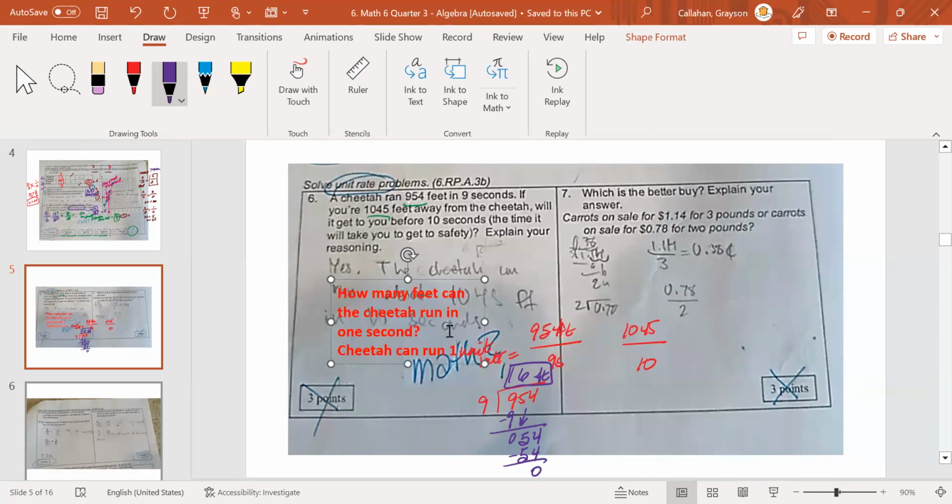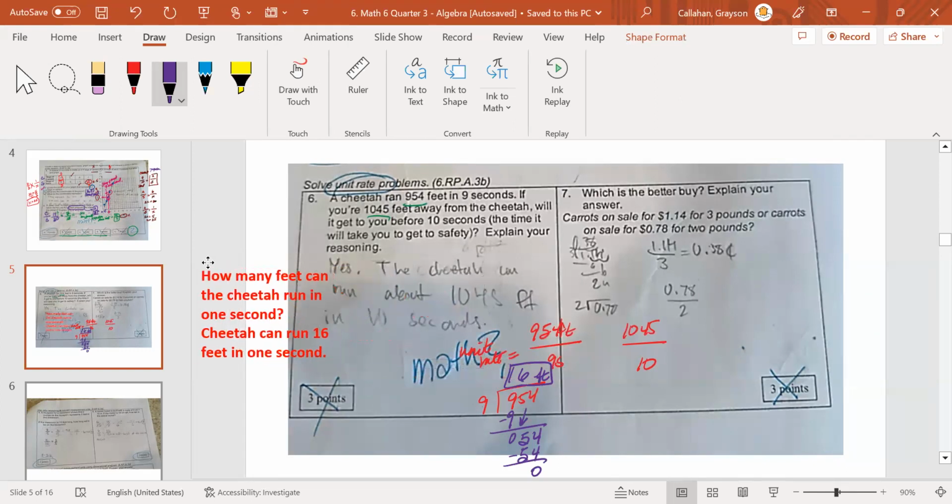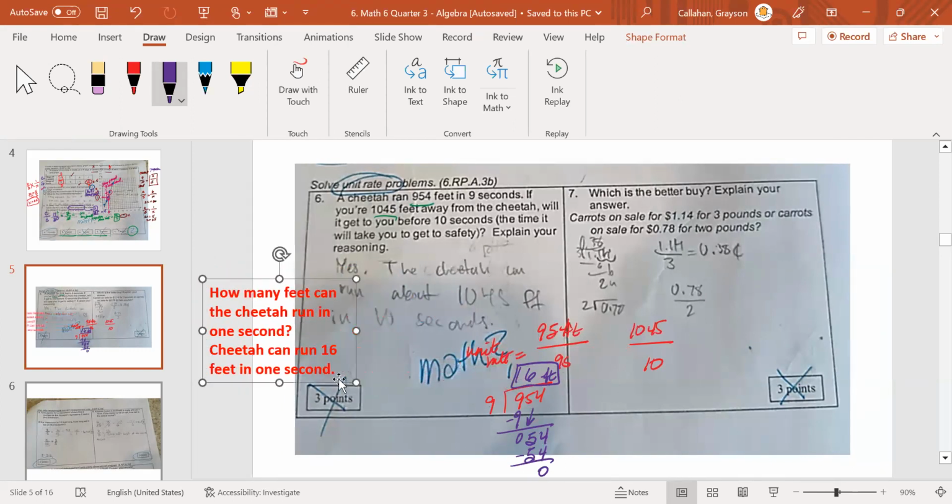See, I'm feeling like you don't understand this question at all. If the cheetah can run 16 feet in 1 second, okay?